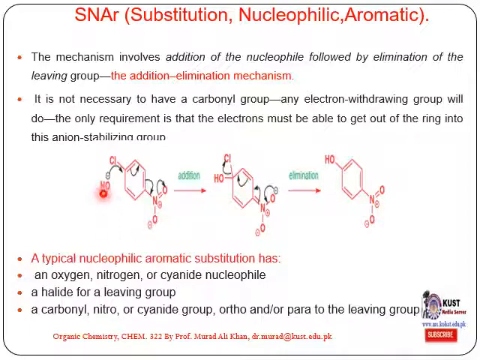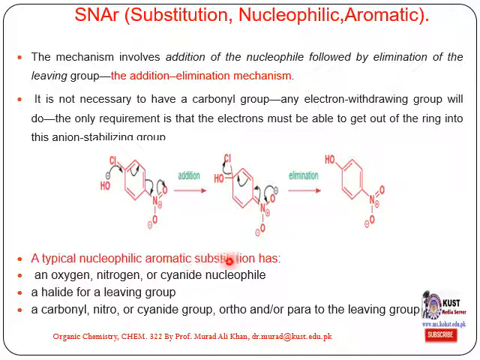First, the base has attacked the carbon and there is an addition, and the electrons have gone out of the ring, forming a double bond with the nitro group, the nitrogen, and then again there is removal of the leaving group, that is chlorine here, and we get an elimination. So it is an addition-elimination reaction.